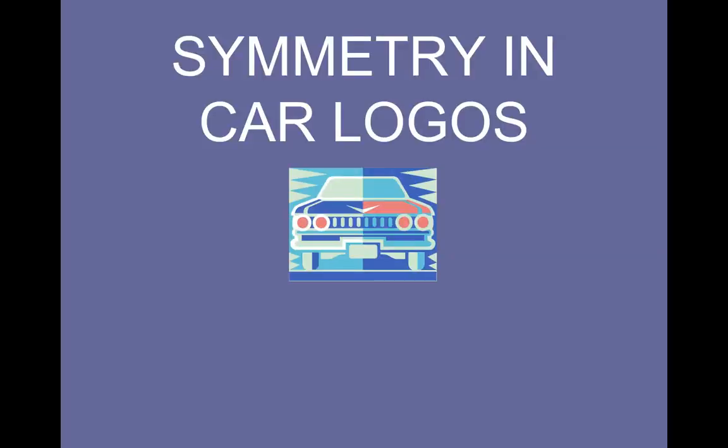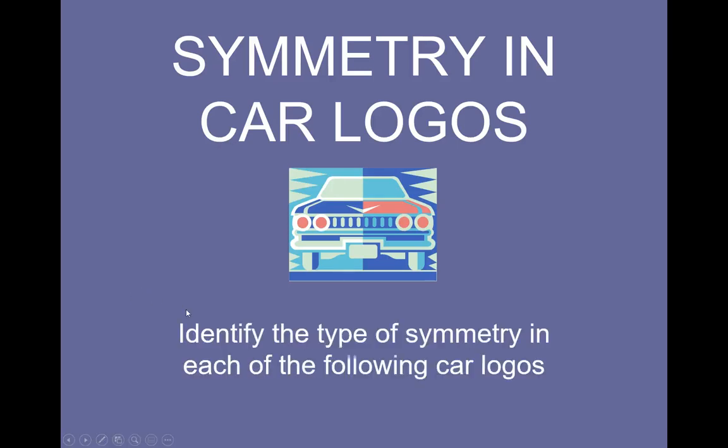Here's the warm-up. Car logos. This is the warm-up to get to the Kahoot. Your first Kahoot will be on car logos. So I'll give you one. What kind of car? Volkswagen. There it is.